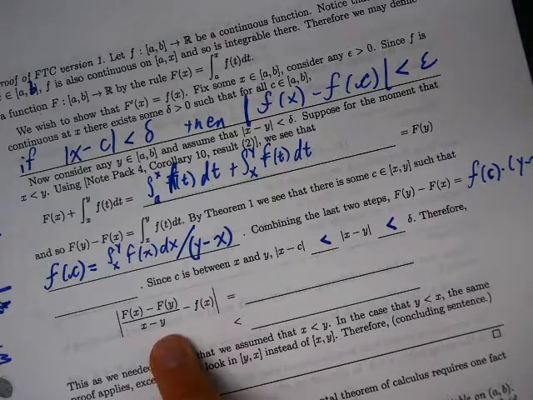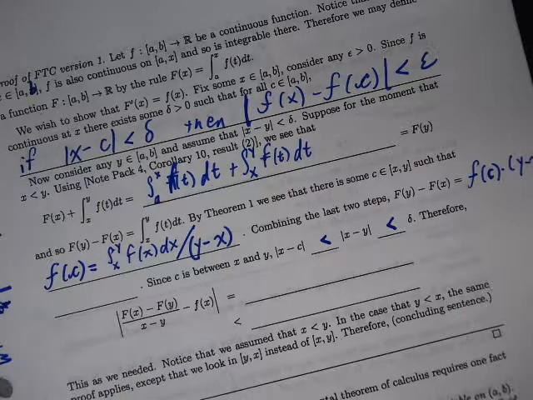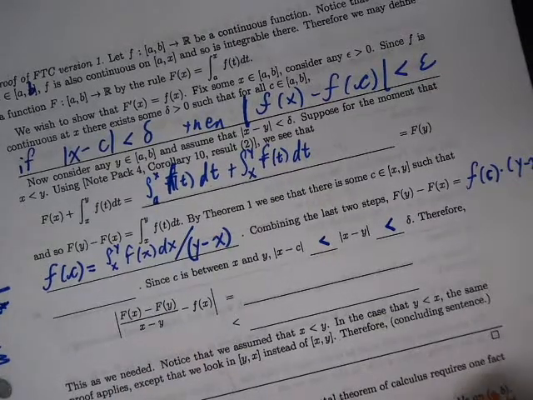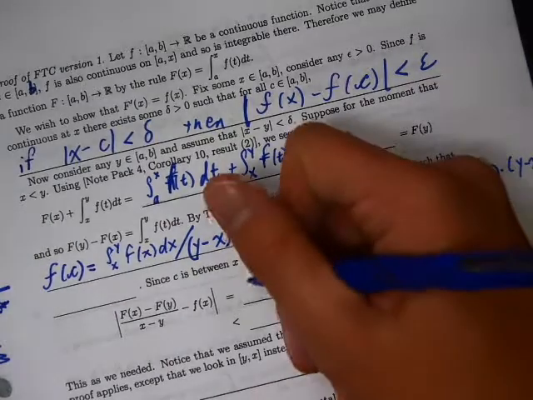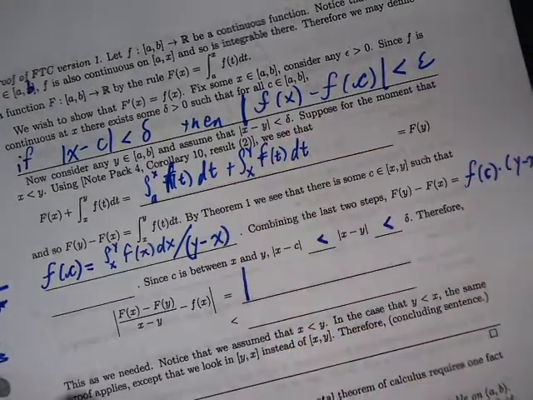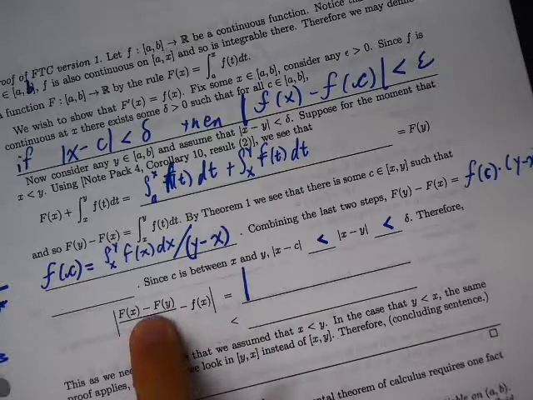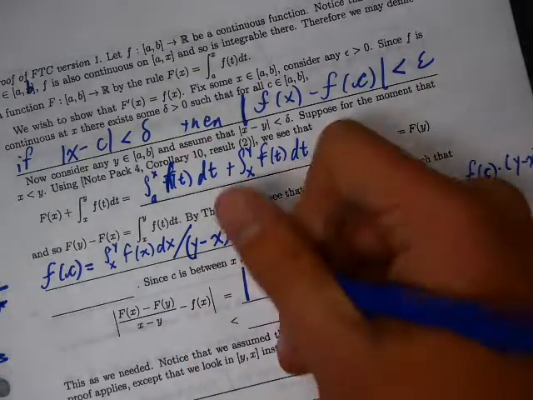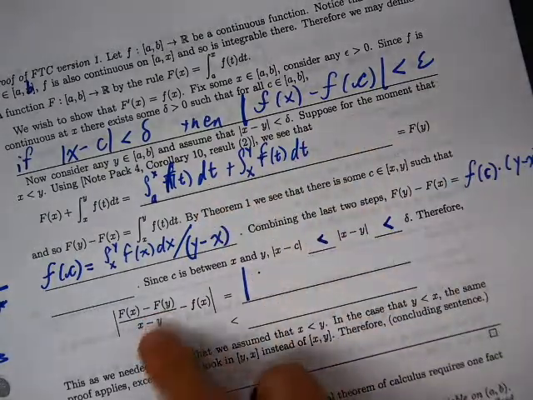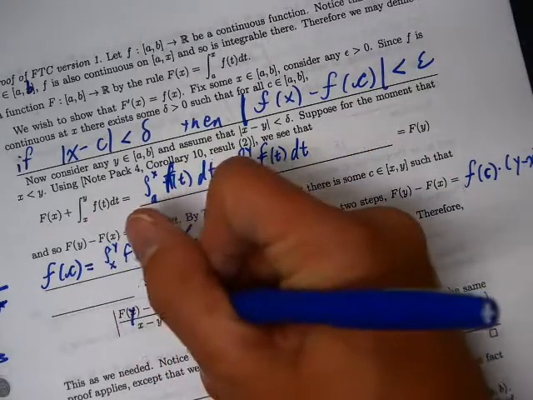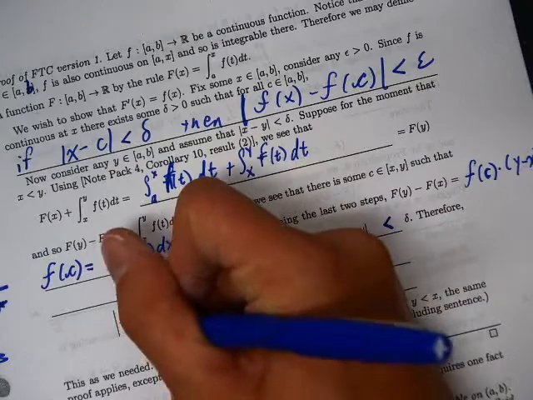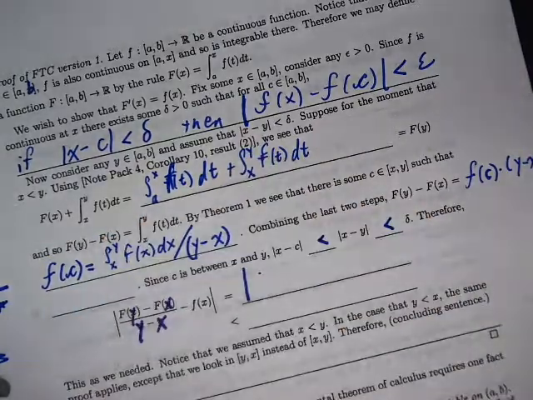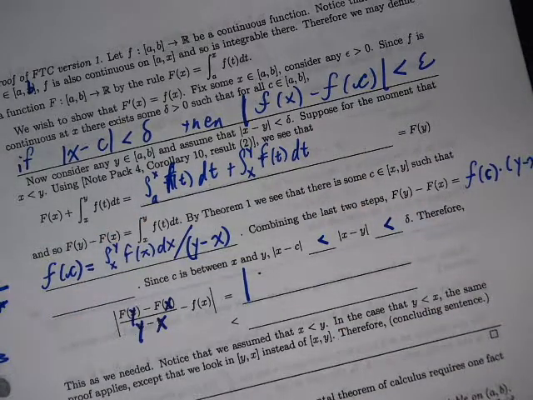So the absolute value of F of x minus F of y, all over x minus y, minus f of x, is equal to, let's see, F of x minus F of y is the same thing as f of c times y minus x. Oh, they're in the wrong order. Well, it is actually the same if I write them in the opposite order, so that's just fine.